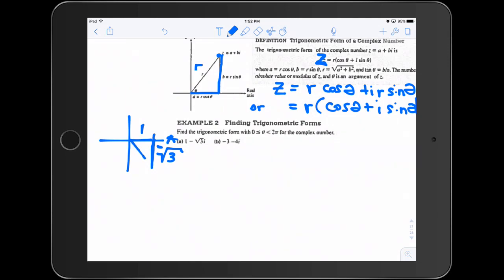If we create a right triangle to that point and use the Pythagorean theorem to find the hypotenuse, or you could really recognize, very quickly, that if you have a 1 here and a square root of 3 over there, this, using Pythagorean theorem or not, is going to give you 2. I know that instantly because this is a 30, 60, 90 degree triangle.